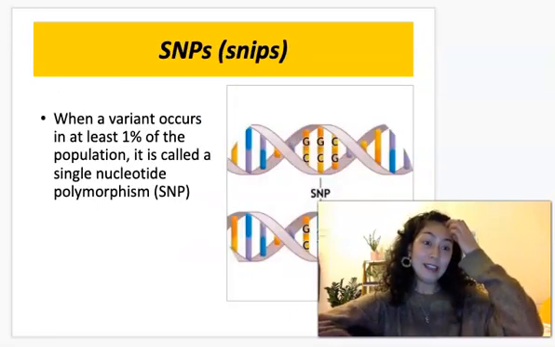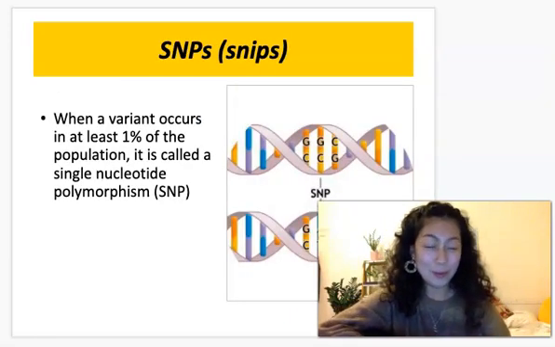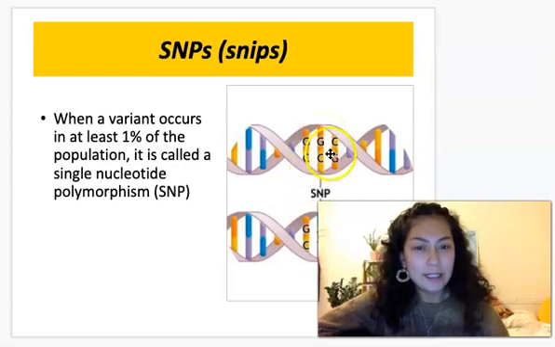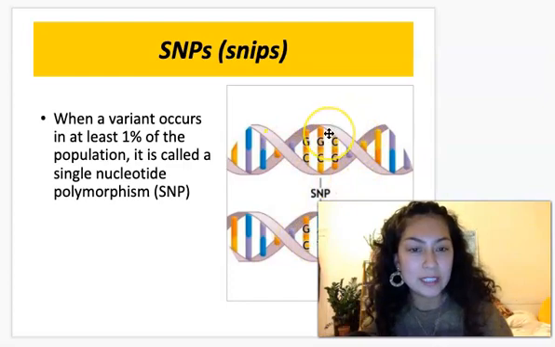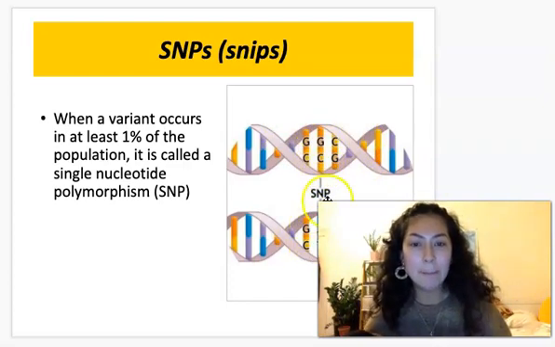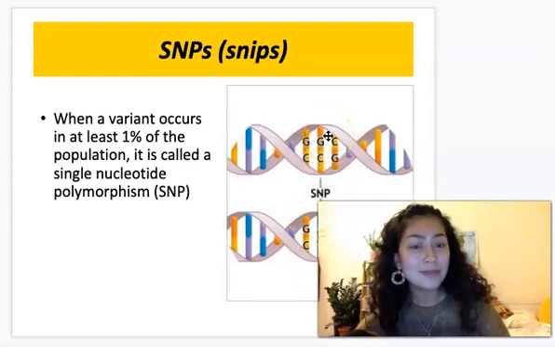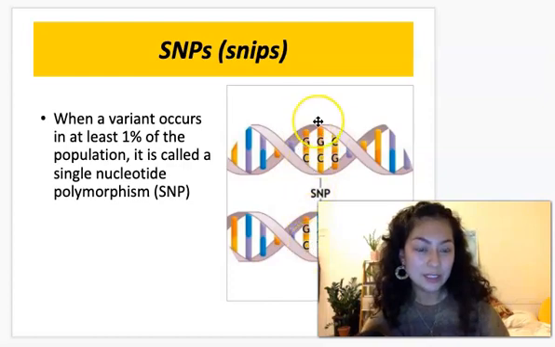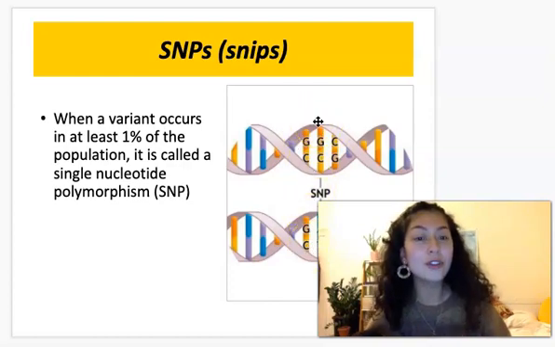With the DNA that is different, so that 0.1%, most of it's really just a quick switcheroo in a little base pair. So as we can see, this would be the DNA from two different people. We zoom in on that section of DNA, and it's just the base pair that's been switched. Most of the time, this doesn't really have an effect because these switches are occurring in non-coding DNA.